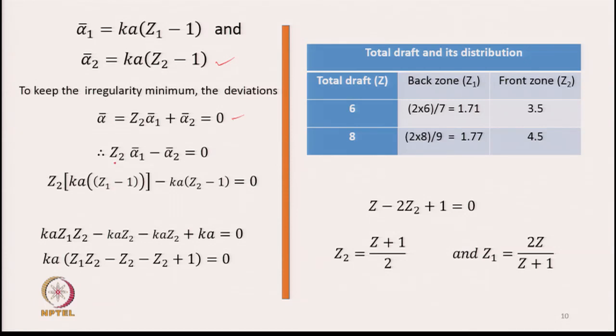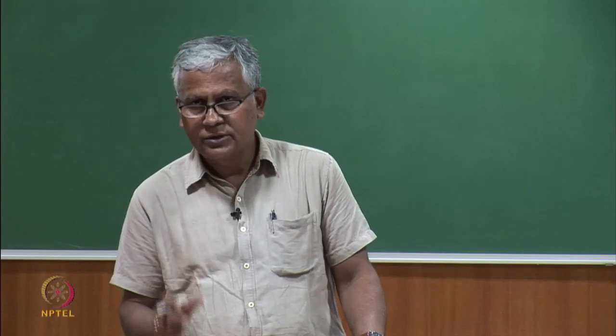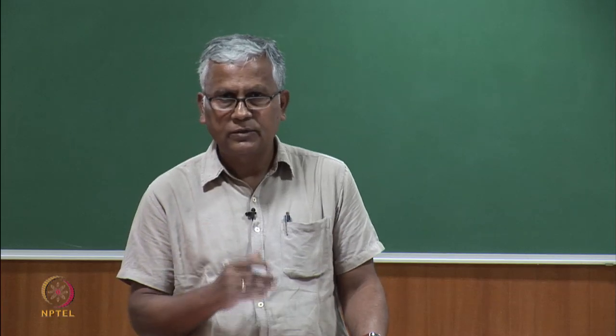The next equation we write is Z2 into alpha 1 bar minus alpha 2 bar equal to 0. Why am I writing alpha 2 as negative here? Because unless alpha 2 becomes negative, the sum of these two cannot be 0.